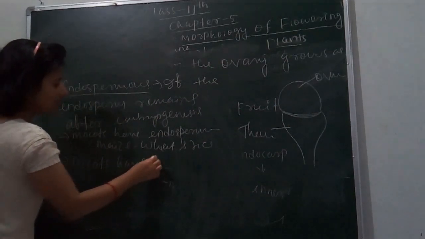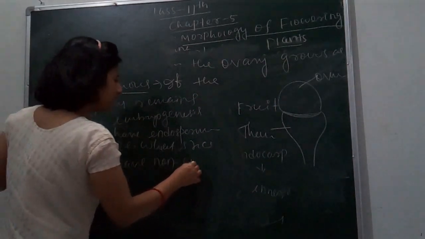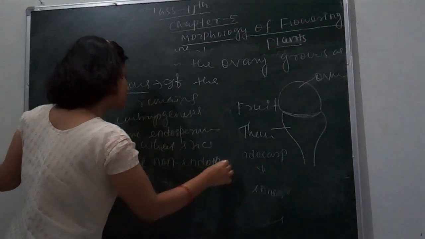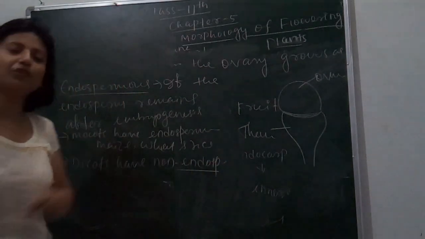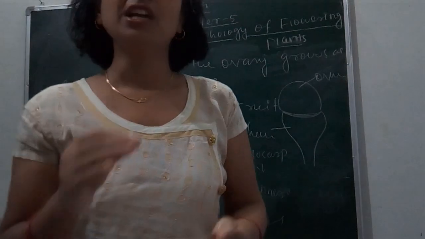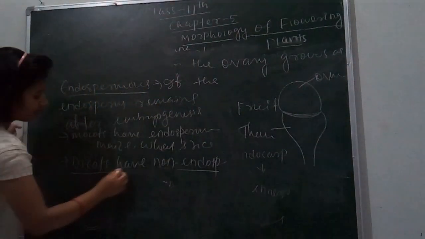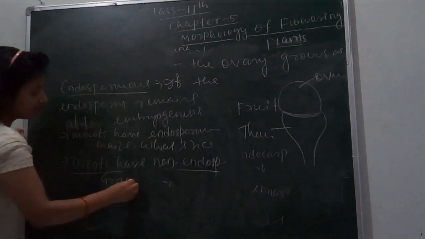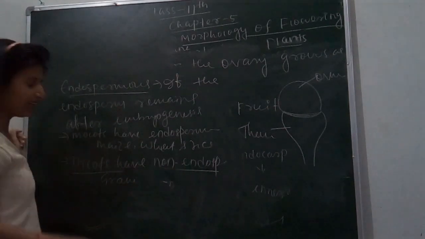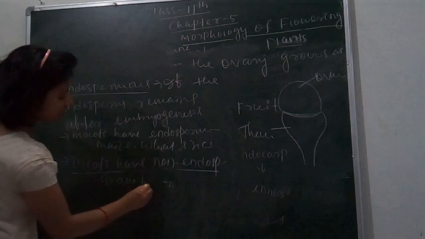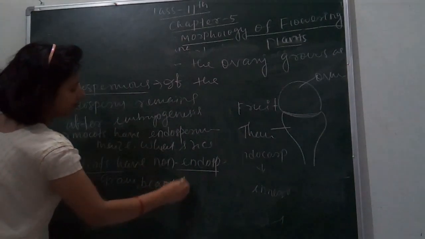Means in dicots, during the embryonic stage or embryonic development, the endosperm is completely consumed. So we can take examples such as gram, means black chana, and beans, then pea, means matar phali. These are examples of dicots.